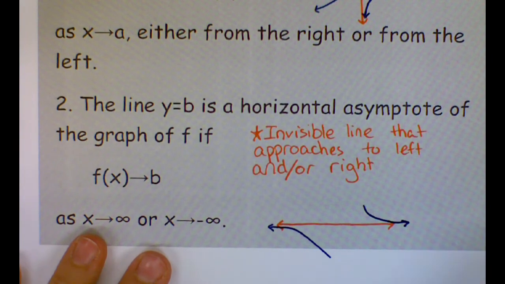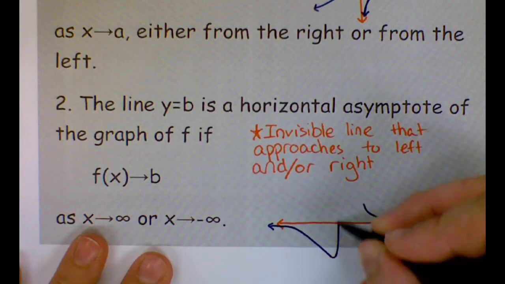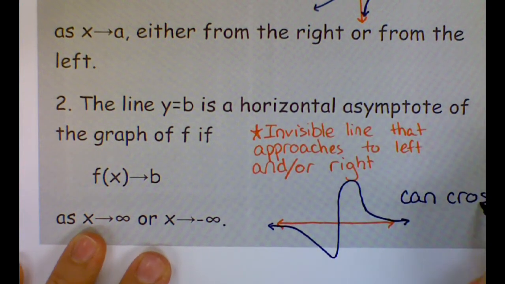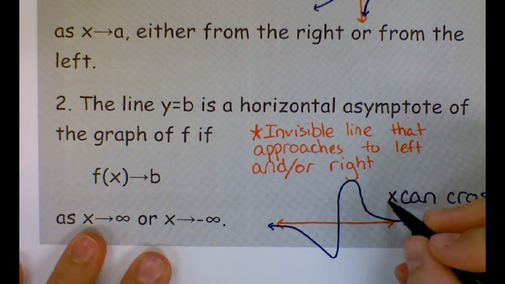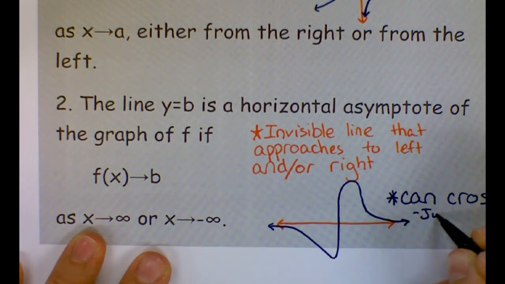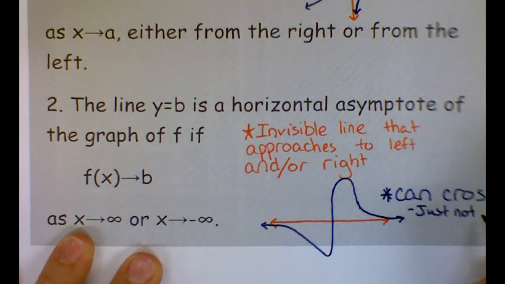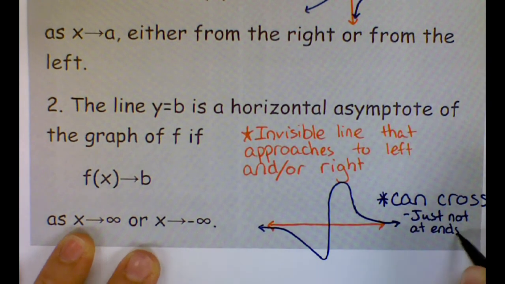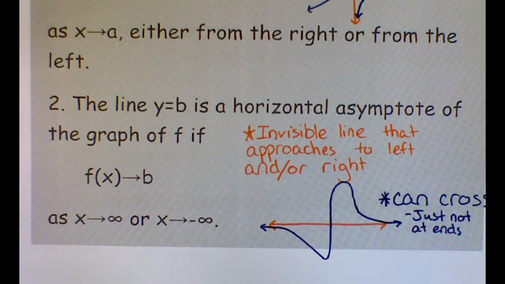The funny thing about horizontal asymptotes is that you can cross them in the middle. So you just can't cross, just not at the ends. It gets really, really close to the ends, but not quite there.